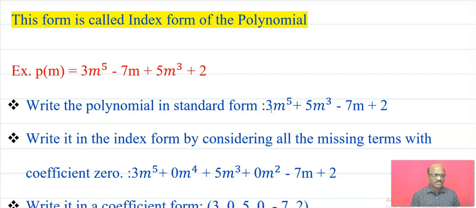First is 3m raised to 5 plus 5m cube minus 7m plus 2. Decreasing order, that is 5, 3. Though there is no 4, we write whatever terms are present in decreasing order. Highest, then lower, and lowest last.